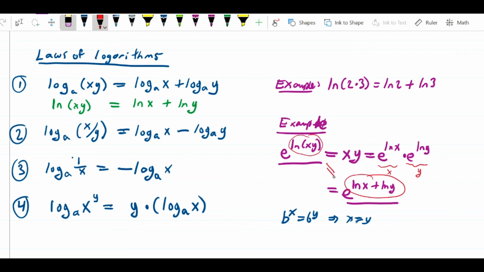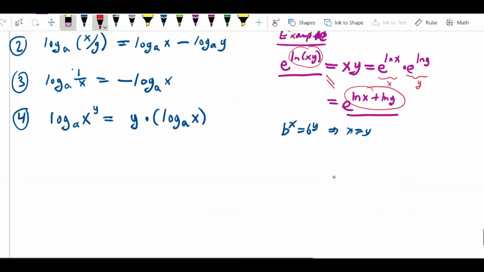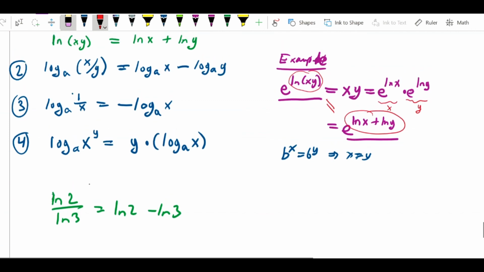And you can do the same sort of calculation for any of these rules to convince yourself that they're true, but the most important thing is, in order to do math at this level, you really just need to know these rules cold. By the way, I just want to demonstrate to you one of the most important mistakes that people make. I see this all the time. Many people will write that ln 2 over ln 3 is equal to ln 2 minus ln 3, in a misapplication of rule number 2.